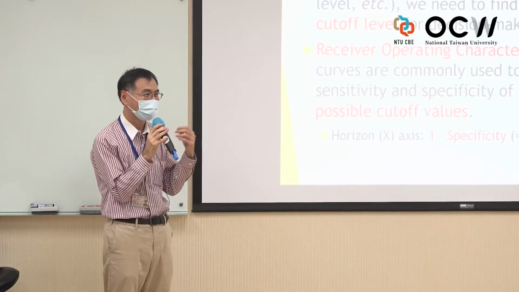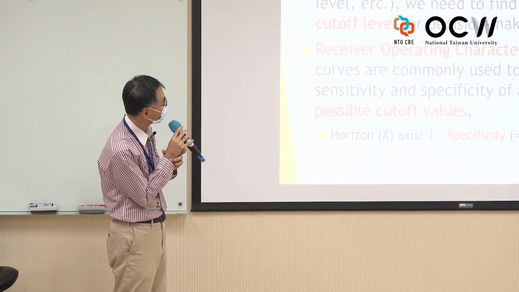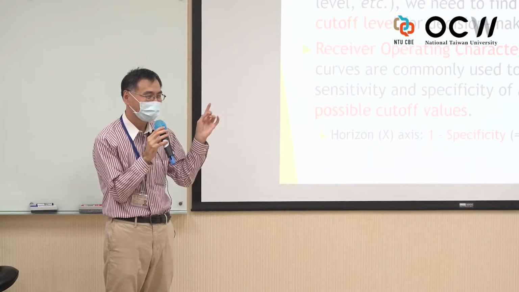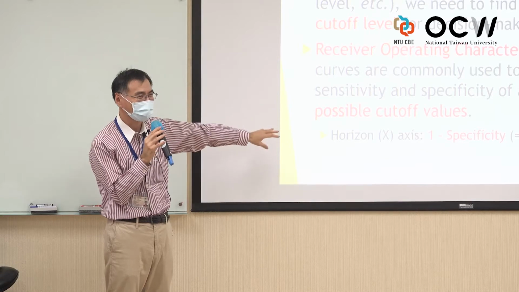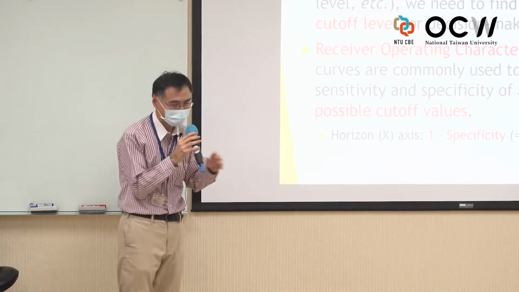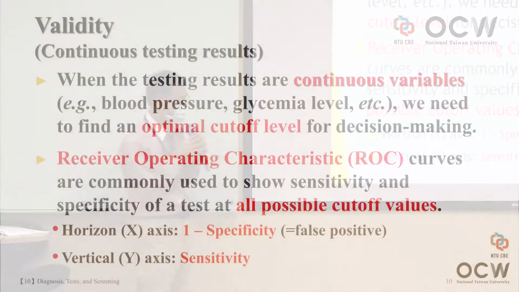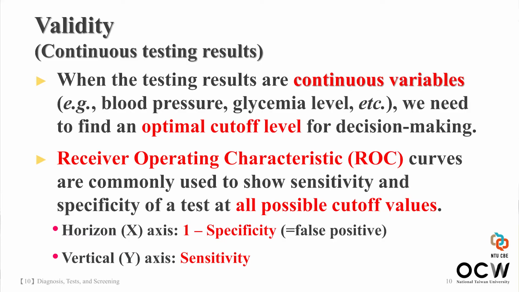Years ago, when people started to use the tool ROC curves to find out the optimal cutoff point, that old guy or old lady decided to use it. So that's why we have no choice but to accept it. That's for the x-axis. Now the y-axis is simply sensitivity. Okay, so it's very straightforward. Sensitivity and 1 minus specificity, which is false positive.